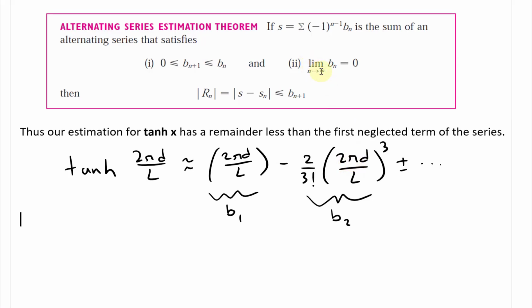So the limit as n approaches infinity of b sub n is approaching 0, and each term is getting smaller and smaller because d is less than L. This is a fraction, d over L is less than 1, and as you keep taking the power, you keep multiplying by something less than 1, so it gets smaller and smaller.